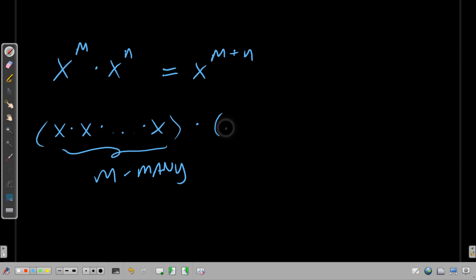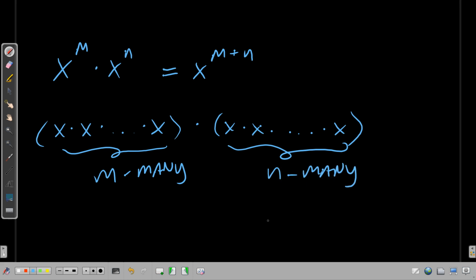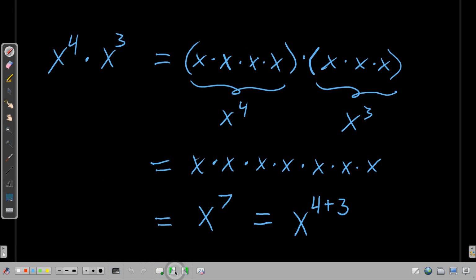And you're multiplying that by x times dot dot dot times x, and you have n many. So what's the grand total number of x's you have there? M plus n. This is what we want.